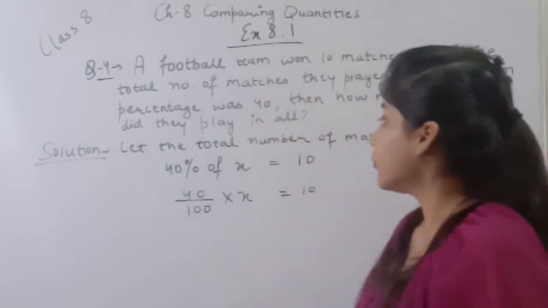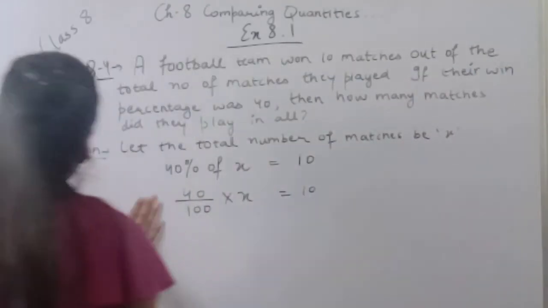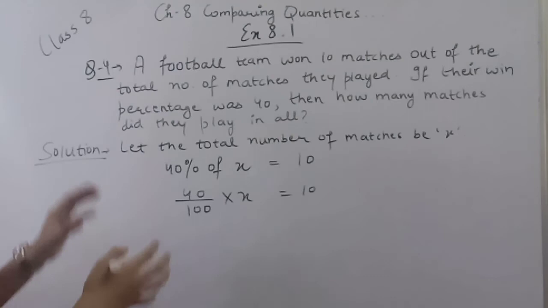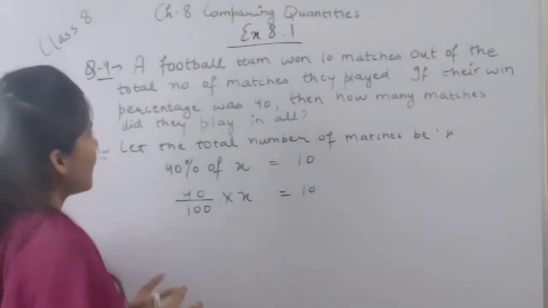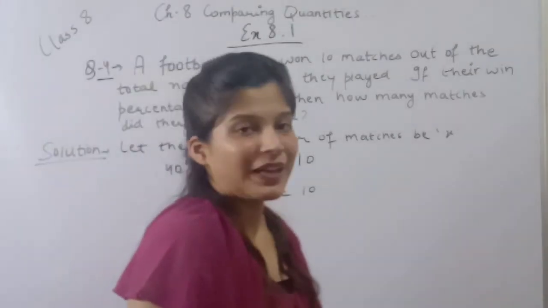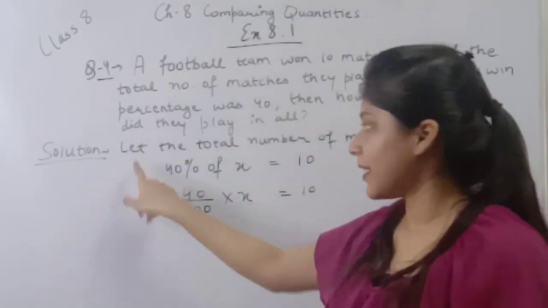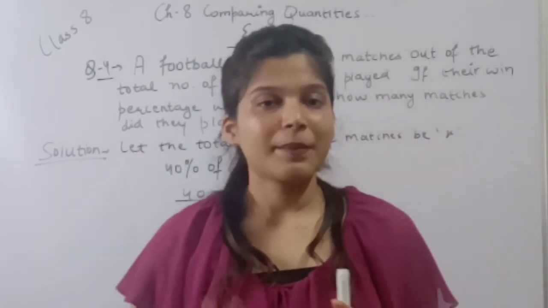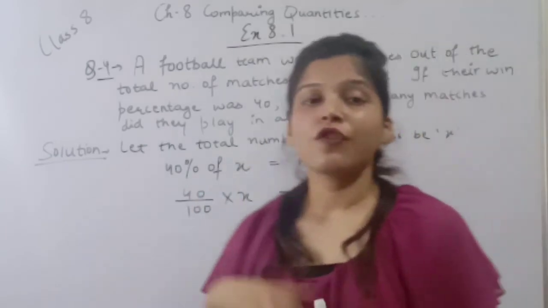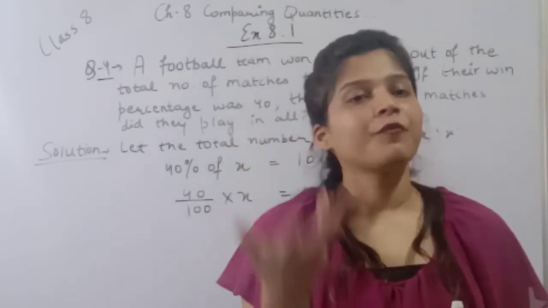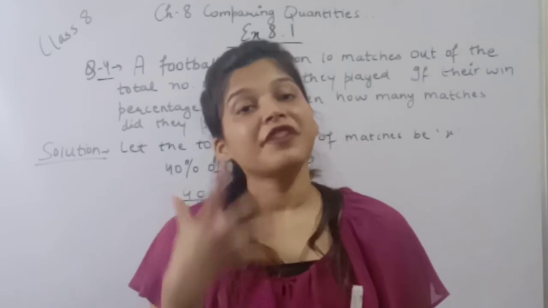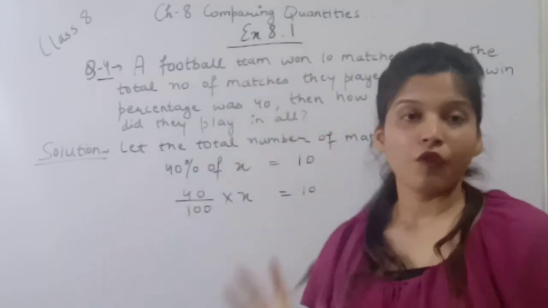Okay, now one more time I am explaining you. A football team won 10 matches out of the total number of matches they played. Let the total number of matches they played be x. Now from x, 10 matches they won, and their win percentage is 40%.